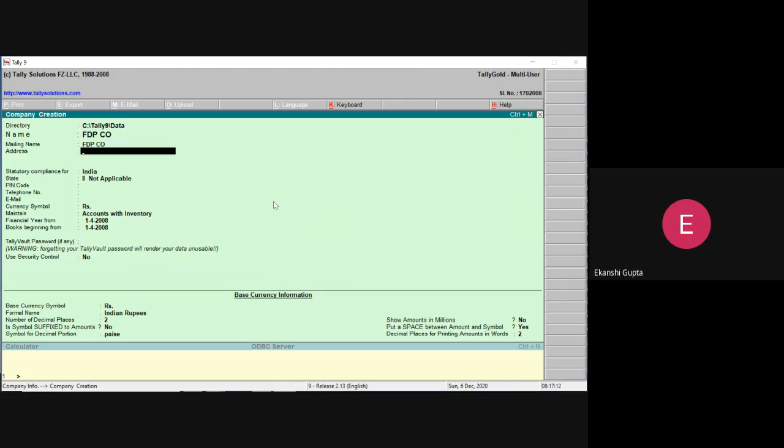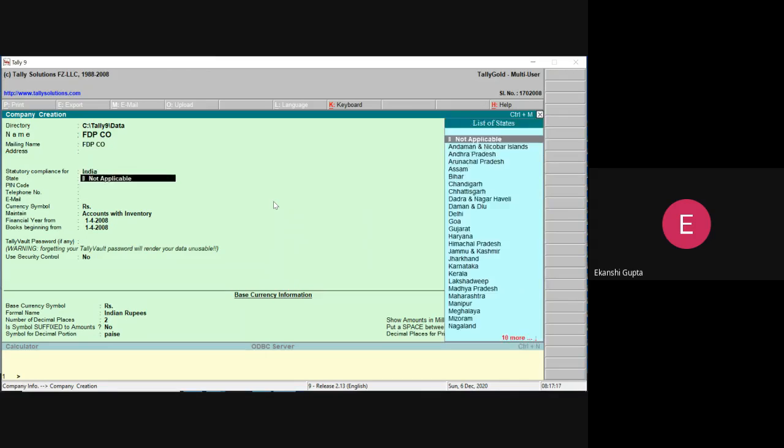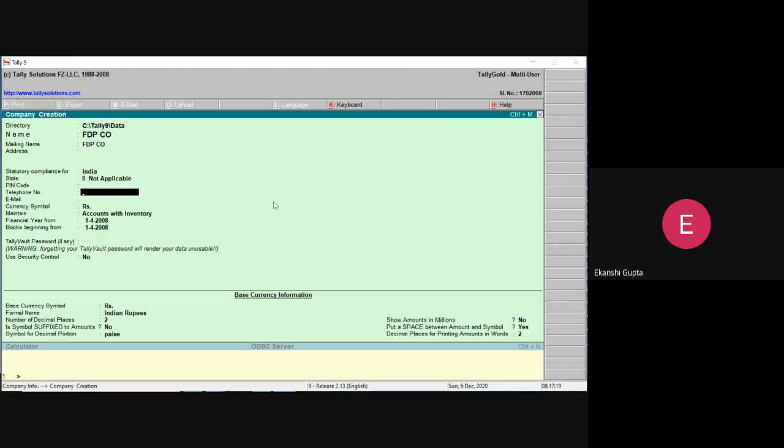I do not have any other information other than FTP company, where the company is maintaining accounts only, where financial year begins from 2020. There's no Tally Vault password.